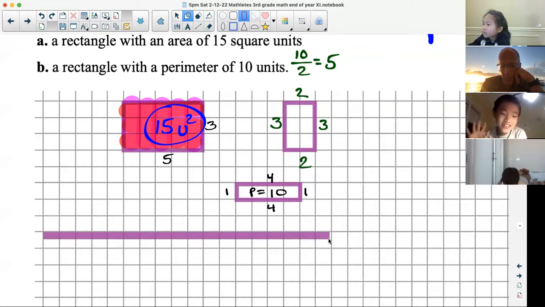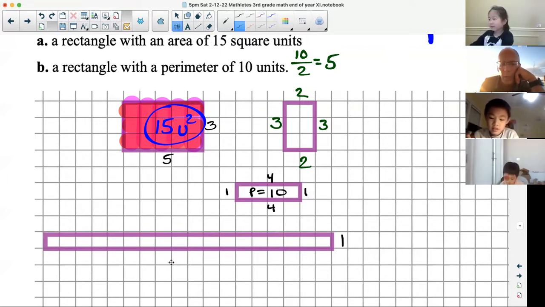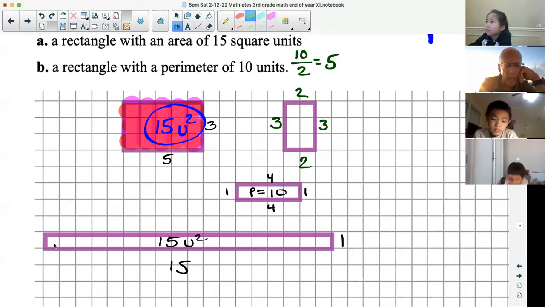And guys, this is called a 1 by 15. And 1 times 15 is? Come on, Jason F., look up. 1 times 15 is? 15. 15 square units.